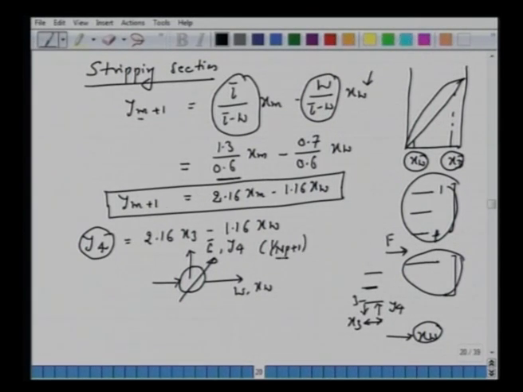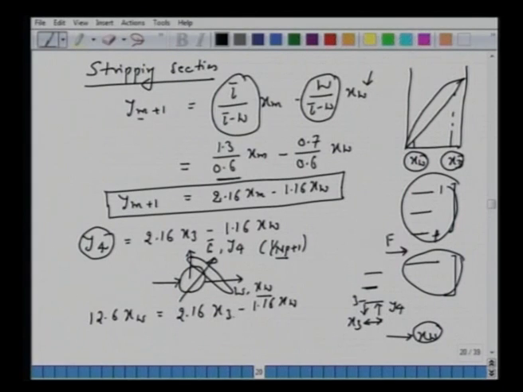So we have 3 stages, so this is Y4 here, and the two streams are in equilibrium. So Y4 we can write in terms of Xw as 12.6 Xw equal to 2.16 X3 minus 1.16 Xw.